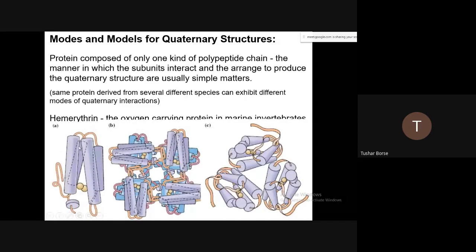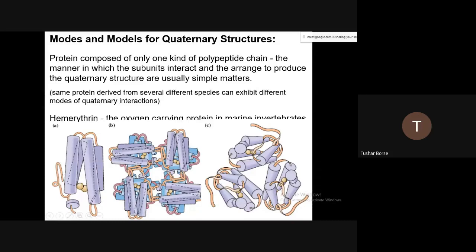See here, this is a simple subunit which could be present in one of the organisms. In some organisms, you may have, no, this is not a tetramer, but this is an octamer. Like this, 8 subunits are interacting with each other, and you get the whole protein.